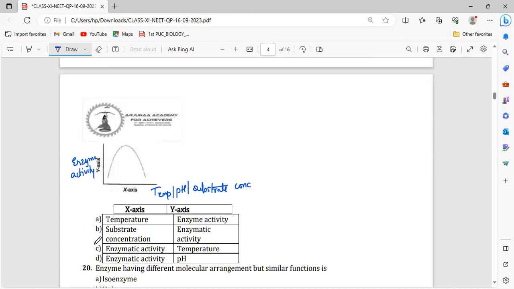So here option A is correct. You may think B can also be the answer, but if substrate concentration is on the x-axis, the graph will look different. So it should be temperature or pH.